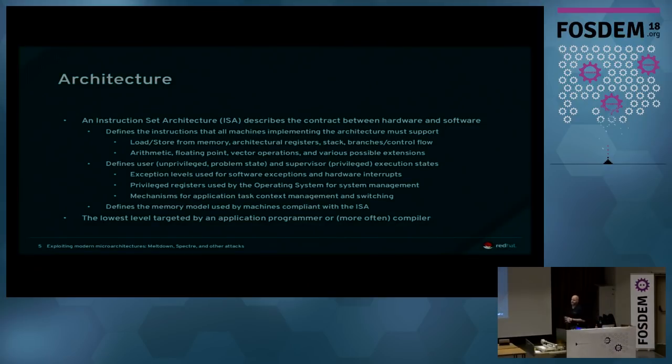So, architecture versus microarchitecture. For those of you who were at the RISC-V sessions, you probably saw similar content already. But when we talk about computers, we have this concept of architecture, and an architecture describes, at an abstract level, how a machine operates and behaves. It describes the kinds of primitive instruction that the machine actually executes, the ones and zeros it executes.